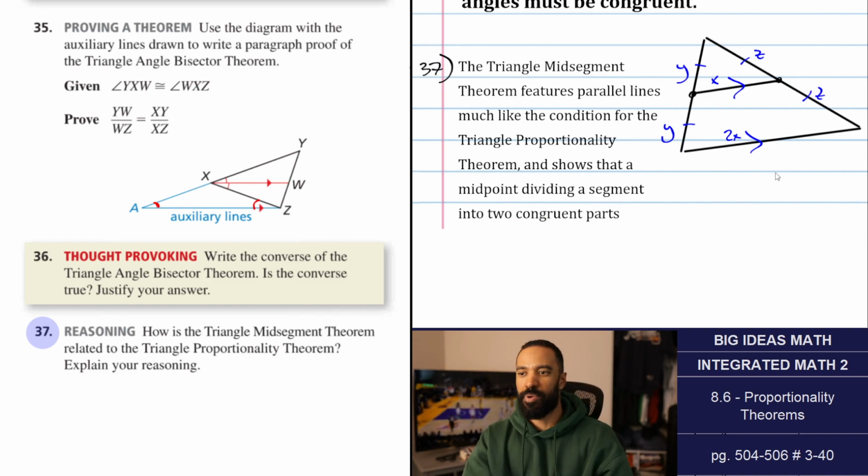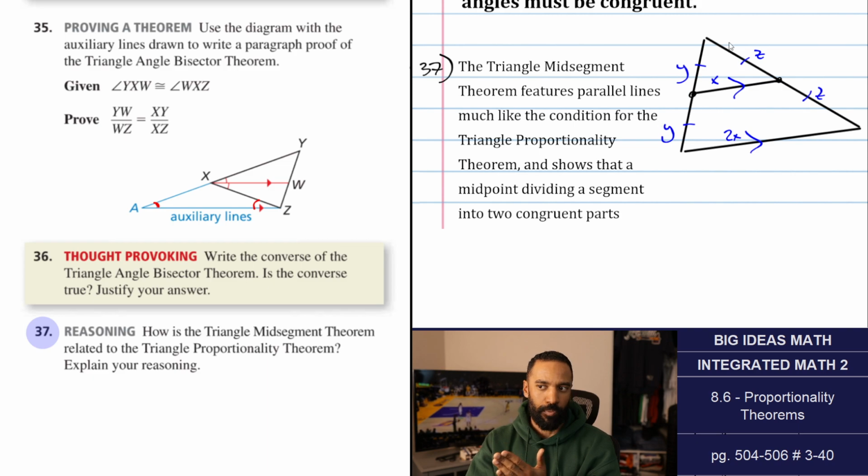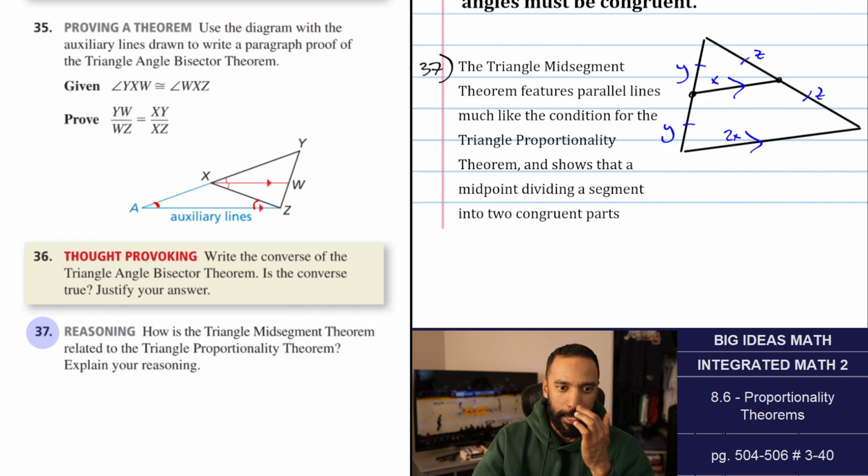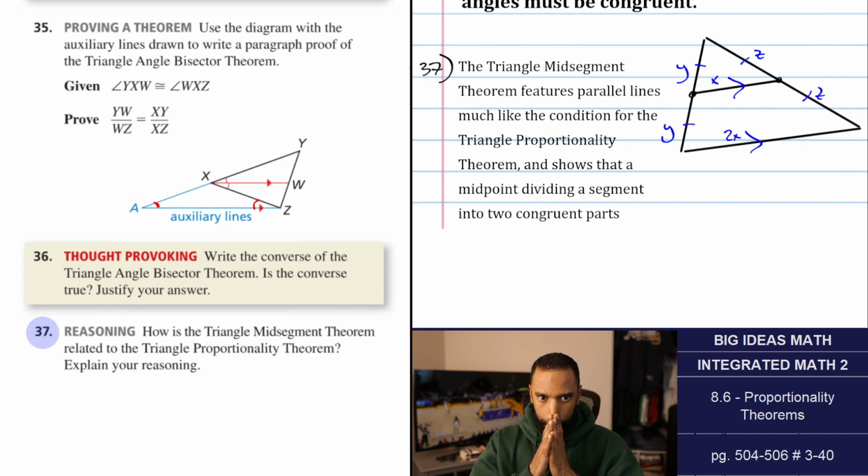Let's see what I want to say about this. Basically, it makes sense that this is a y and z, not just for the midpoint action, but the way that this thing gets doubled into 2x. I don't know how I want to say that best, though. How does it relate? I think it's just saying that it's a very special case of one.